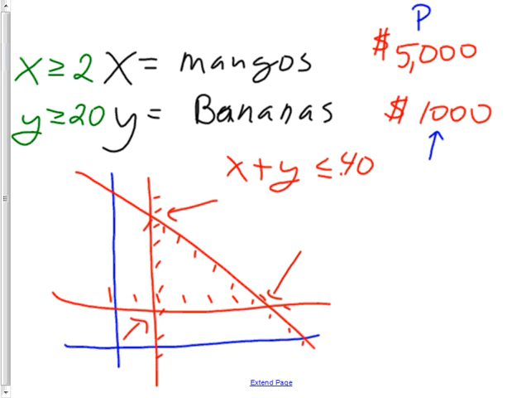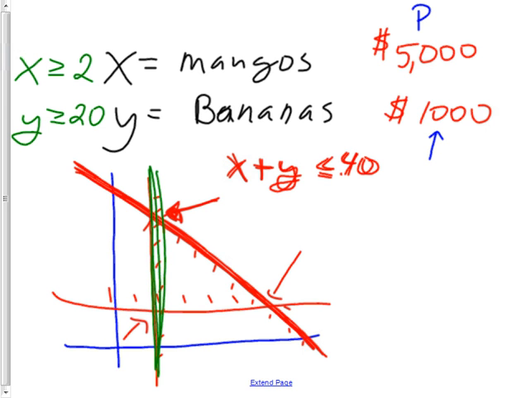Now, at this spot right here, what you really need to know is what are the two equations that are crossing there? Well, let me color code them. This red one here, that's X plus Y less than or equal to 40. This green one here would be X is greater than or equal to 2.